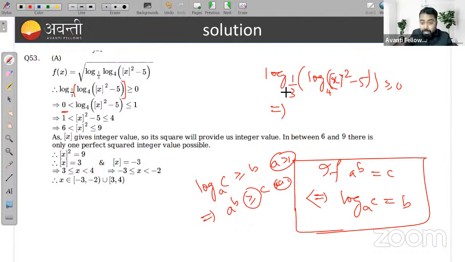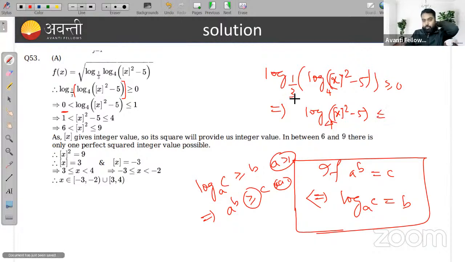So here the base is 1 by 3, and 1 by 3 is lying between 0 and 1. That means here we can write log of box x square minus 5 to the base 4 is less than or equal to 1 by 3 to the power 0 by using this law.